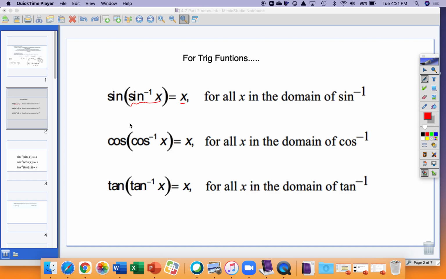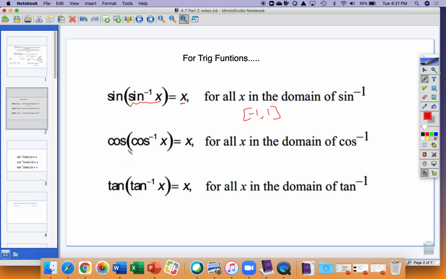Now, this is true as long as x is in the domain of sine inverse. Remember, the domain of sine inverse is negative 1 to 1. So assuming that x is between -1 and 1, then this will be true. This is not true if x falls out of this domain.